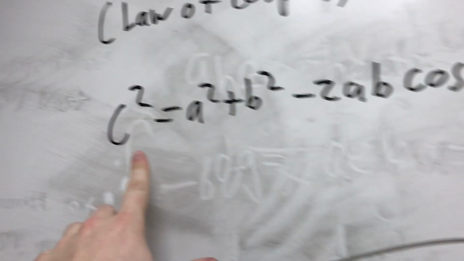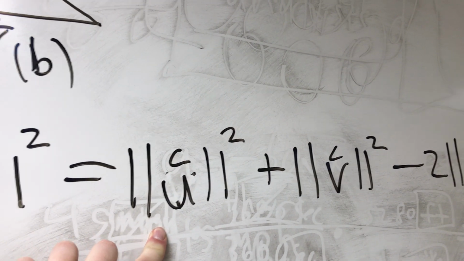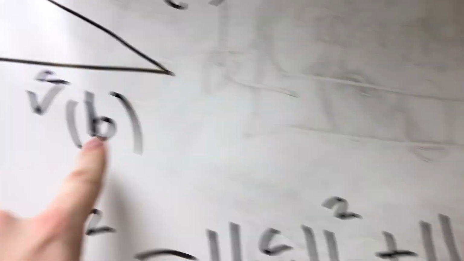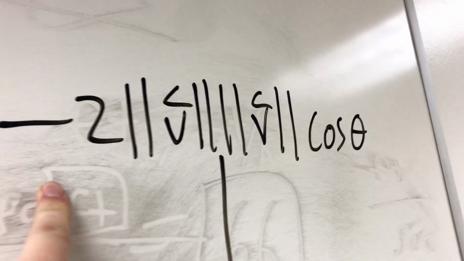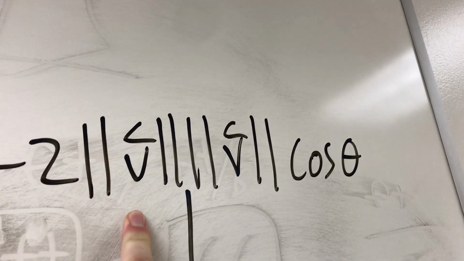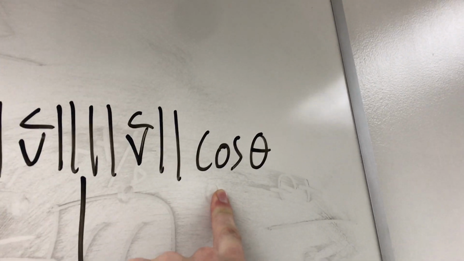Then we have the magnitude of u being squared, because it's like a being squared. Same with v, just like b being squared. Then we have minus 2, the magnitude of u, the magnitude of v, or the norm of u, norm of v, times the cosine of theta.